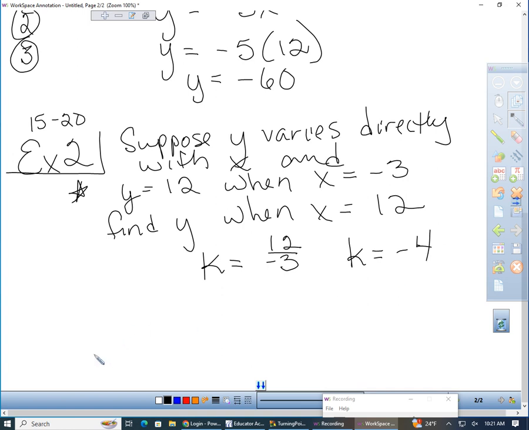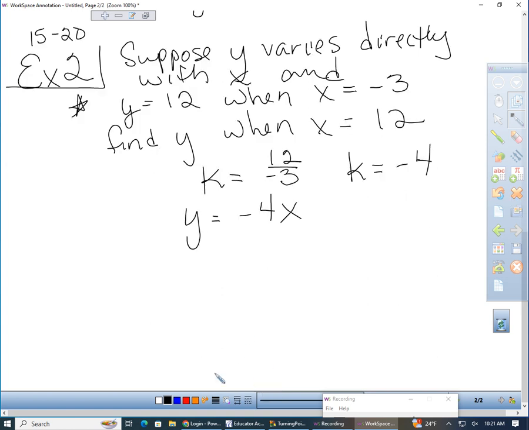All right. Then step 2, we write it as y equals negative 4x. If it just wanted the direct variation equation, you'd get to stop right there. But now it says find y when x is 12. So we have y equals negative 4 times 12, or y equals negative 48.